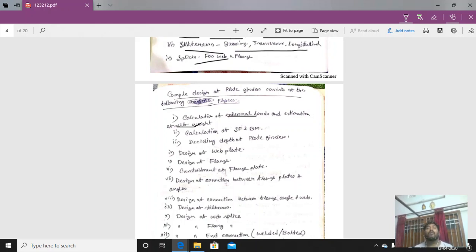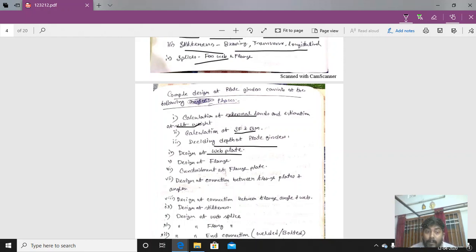Then we calculate the shear force and the bending moment, because the shear force is needed for the shear capacity and the bending moment for the moment capacity. Then, with these, we can determine the depth of the plate girder.